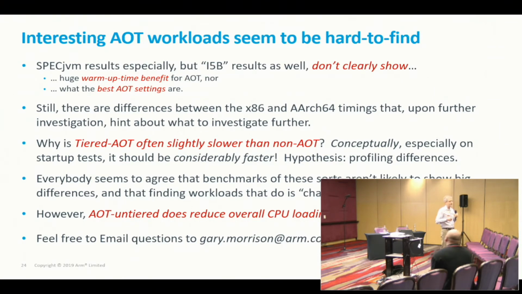My question: what sort of code, conceptually speaking, should benefit from AOT? It's got to be something that does not benefit from HotSpot, because assuming that you're running AOT tiered, which is where you get the best of both worlds, what kind of code would benefit most from AOT?